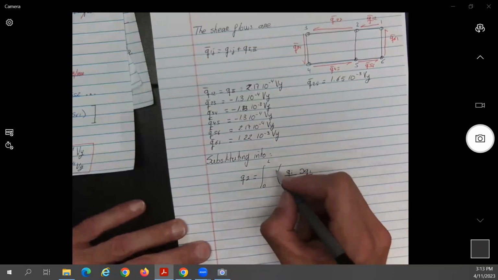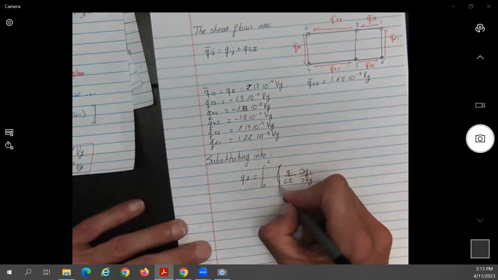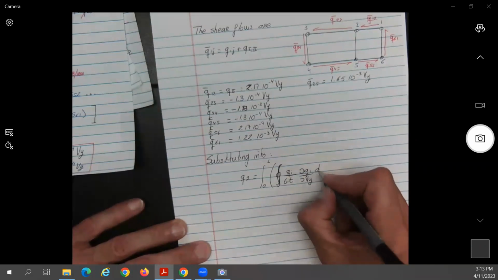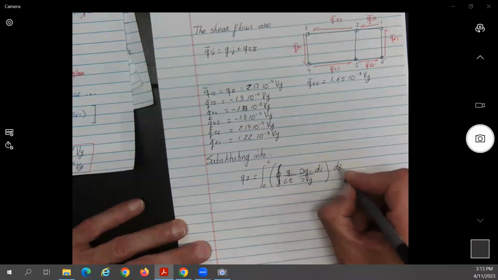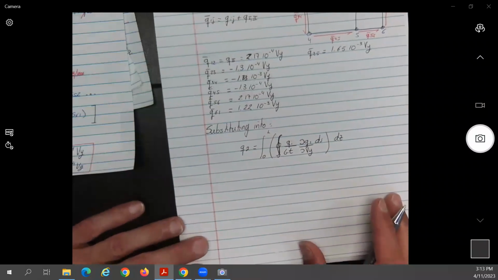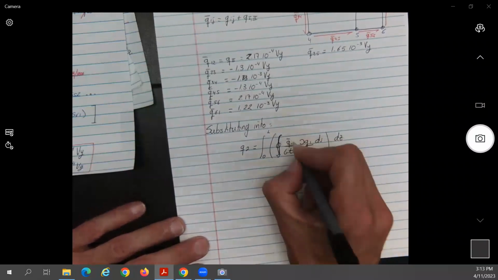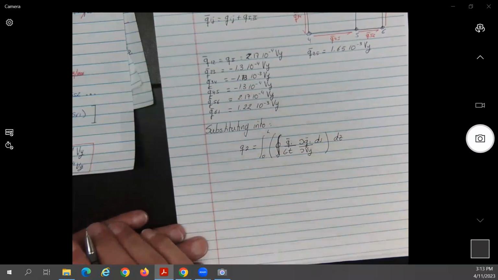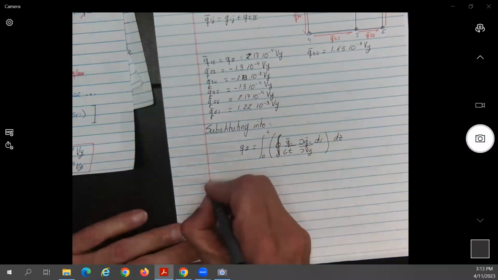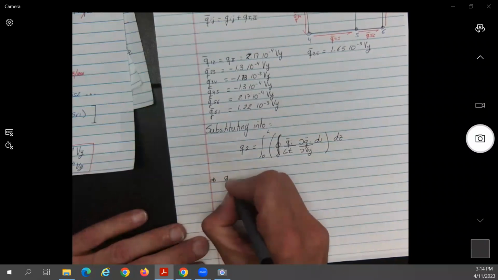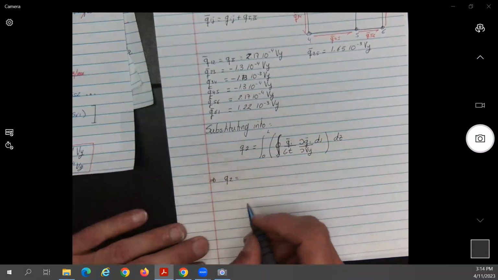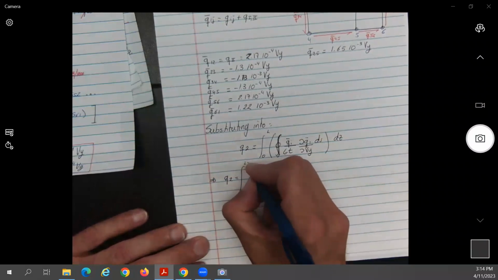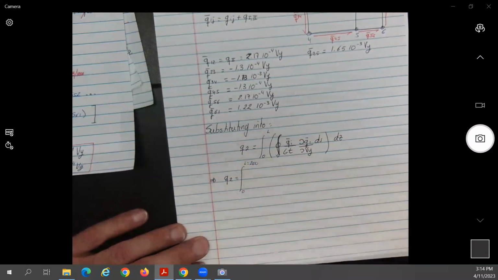I forgot here an integral sign, times dz. So basically you see that over here it should be Q bar. I'm just going to write maybe the first two terms. When we do this equation, what should you have? You should have the integral from 0 to L, which is 2000.